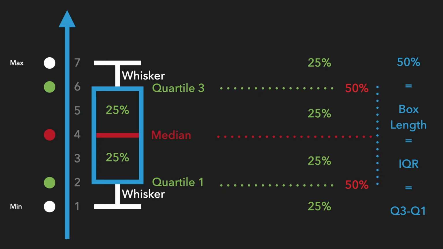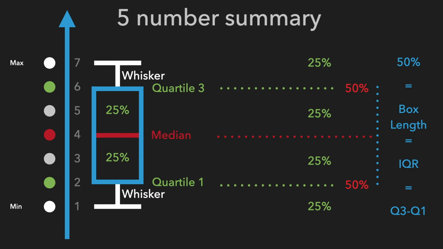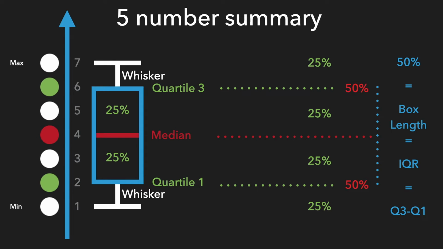Minimum is the lowest point excluding any outliers. So you see that every box and whisker plot displays the so-called 5-number summary of a particular sample. The 5-number summary contains the maximum, the third quartile, the median, the first quartile, and the minimum. The numbers on the vertical axis are usually displayed as points.